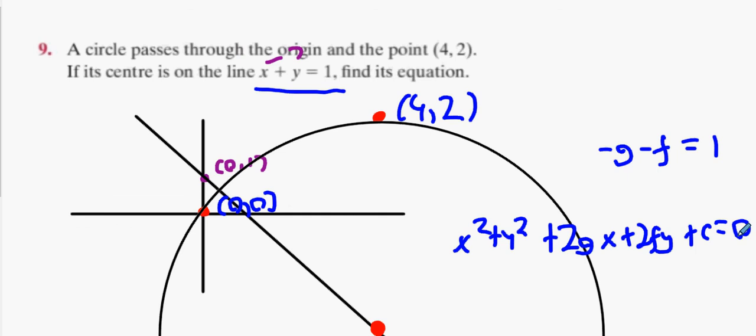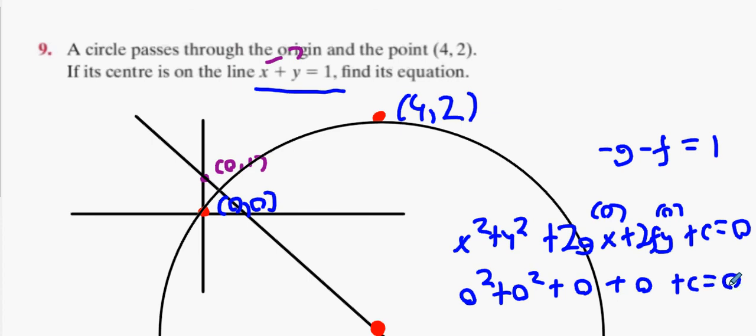What other point is on the circle? I'm going to use 0, 0 because it's really easy. x squared, 0 squared. y squared, 0 squared. 2g times 0, 2f times 0, and the c value. So what do we find out about the c value? c value equals 0. Okay?